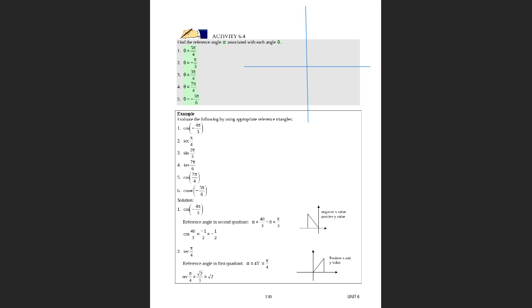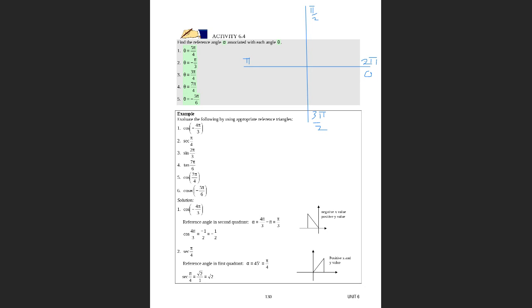We have 0, pi over 2, pi, 3 pi over 2, 2 pi.